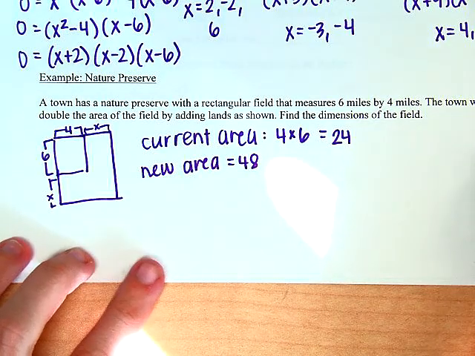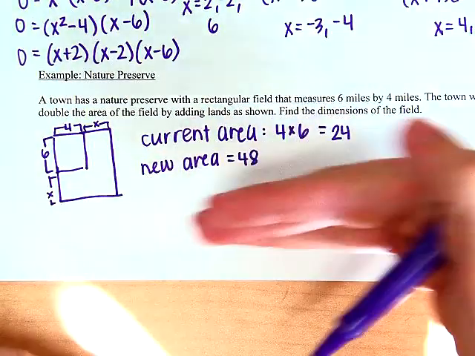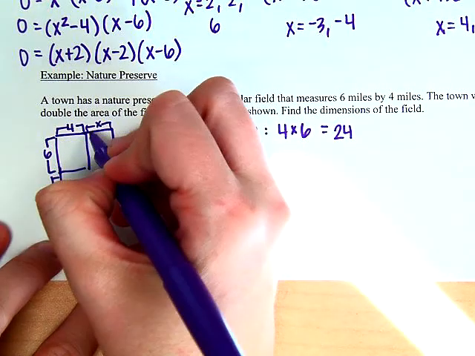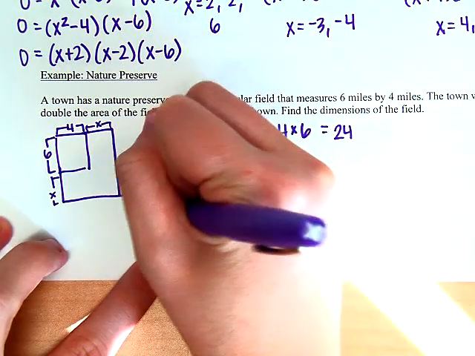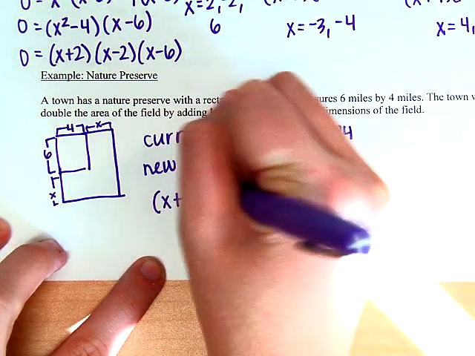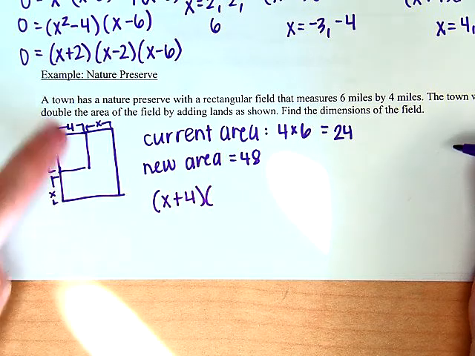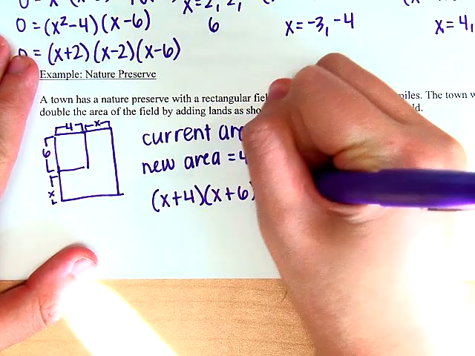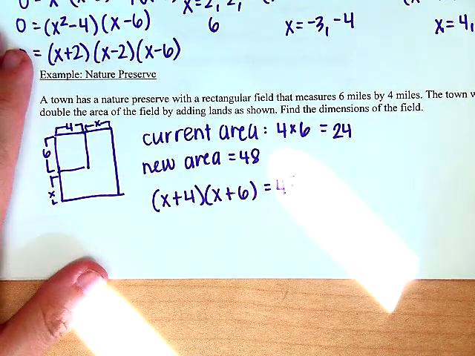So to solve this, I need to set up length times width. My length here, this side is 4, plus I'm adding on x. So I got x plus 4 times this side, x plus 6, equals, I want it to equal 48.